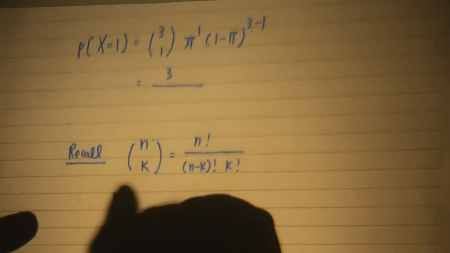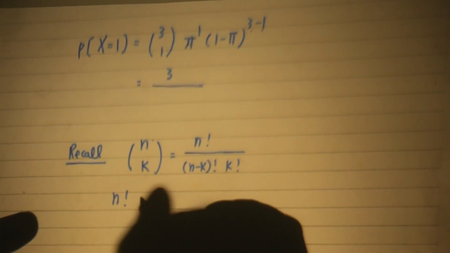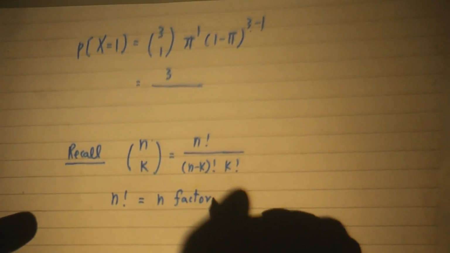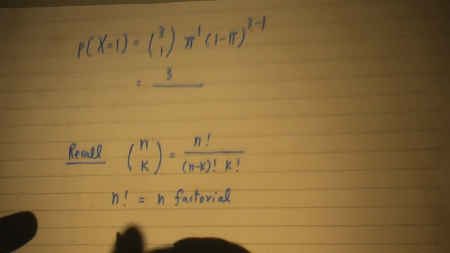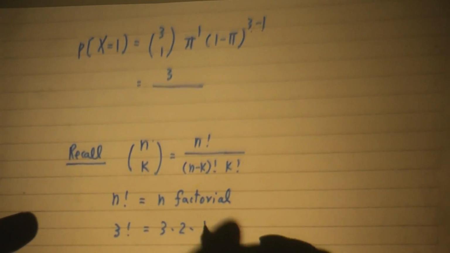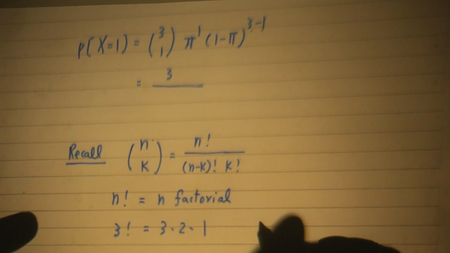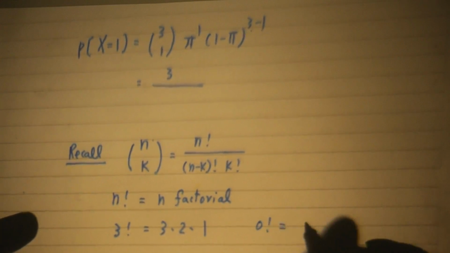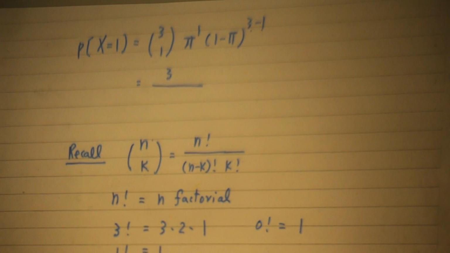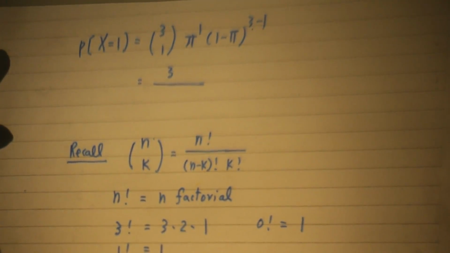And what's n factorial? For example, what is 3 factorial? 3 factorial is 3 times 2 times 1. Okay? And we also define 0 factorial is 1. And 1 factorial, of course, equal to 1. This is something we covered before, or you learned it from high school.